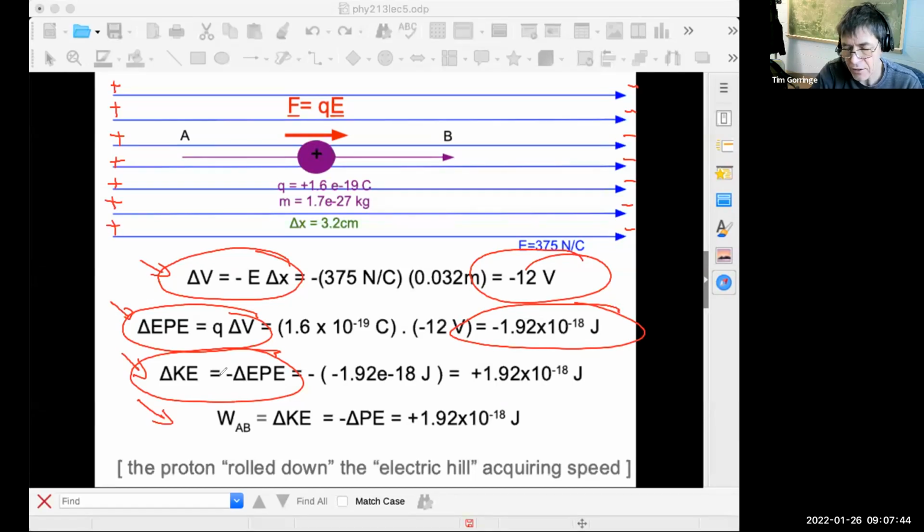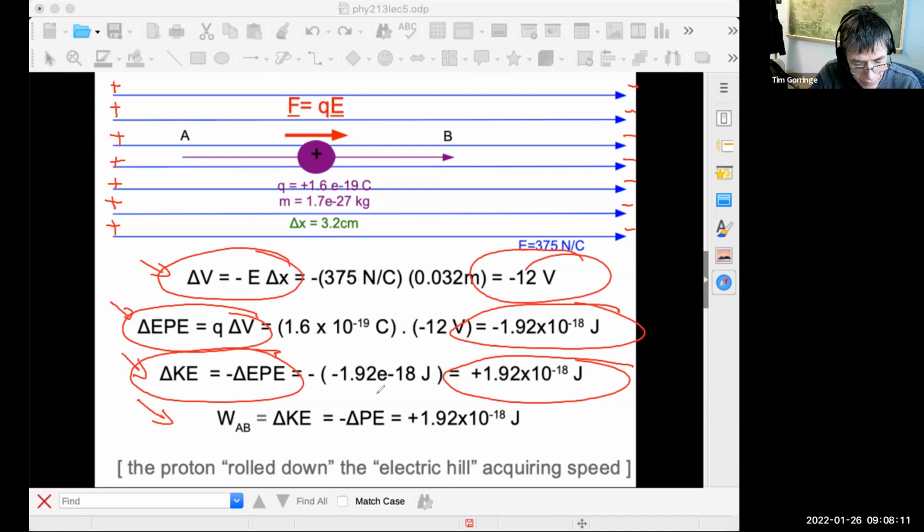I'm not creating or destroying any energy. So all I've got to do here is multiply by -1, or flip the sign of the change in potential energy, and that will give me the change in kinetic energy. So it's the same size as the change in potential energy, but it's positive. It grew, the potential energy decreased.